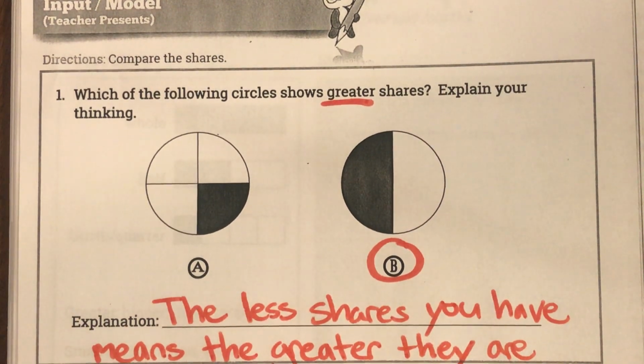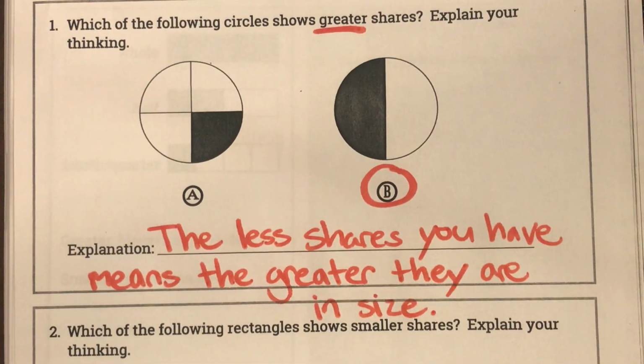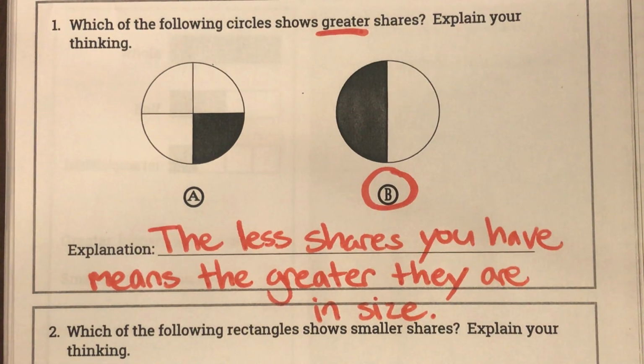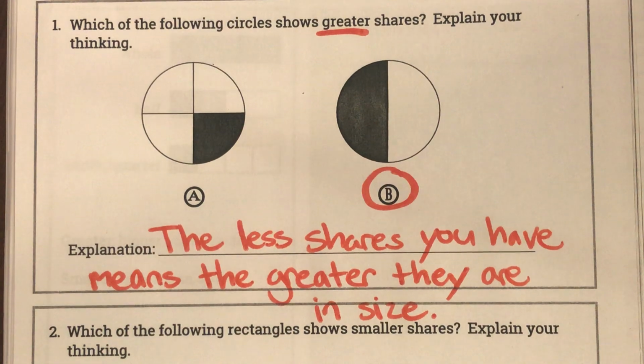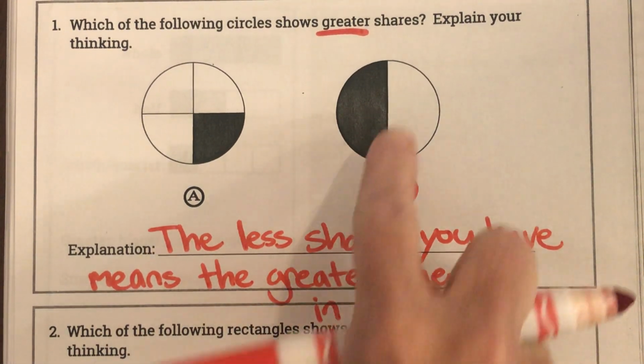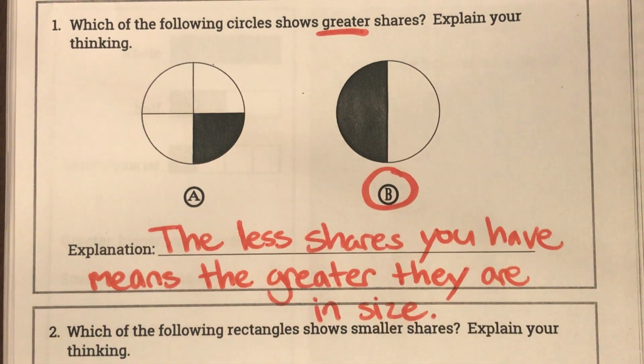I want you to think about that for a minute, boys and girls, with me. The less shares you have means the greater they are in size. So let's think about this. If we had to cut a cake or a pizza, the less shares you have, the greater they are in size.